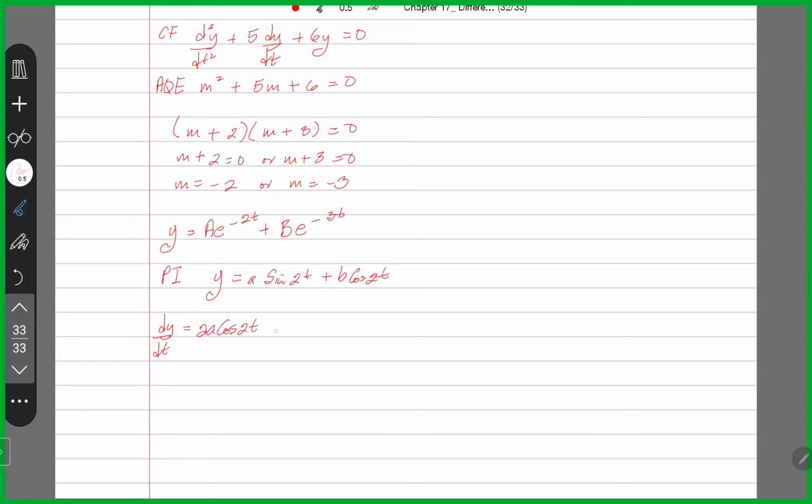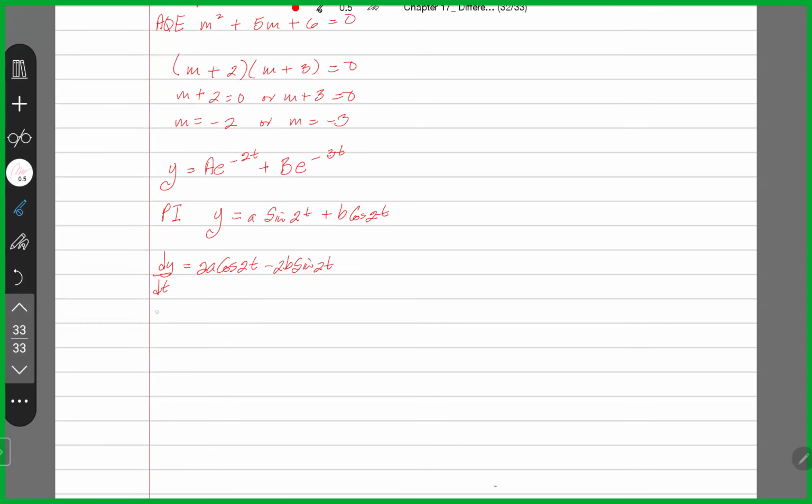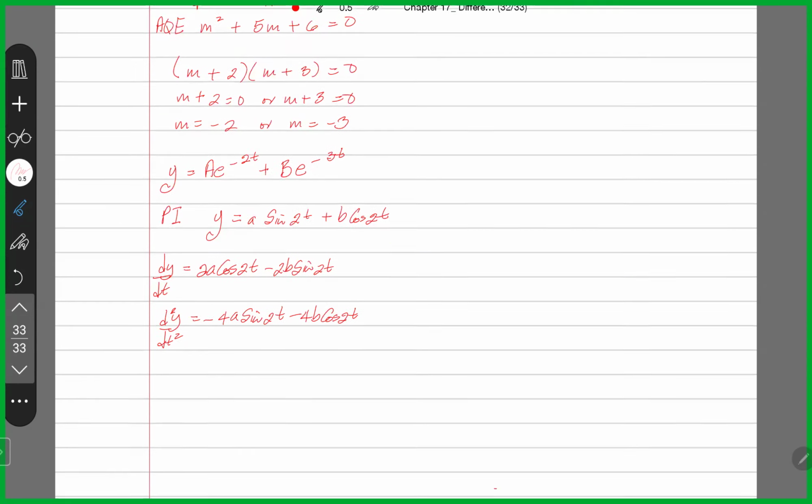Differentiate cos, you get minus sine, minus 2b sine 2t. Differentiate again, d2y by dt squared. Differentiate cos, you get minus sine, so it's minus 4a sine 2t minus 4b cos 2t.